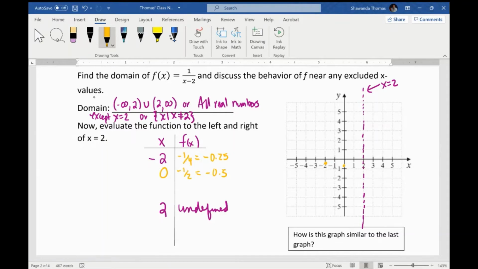Plug in 1. What do we get? -1, because it'll be 1 over -1.